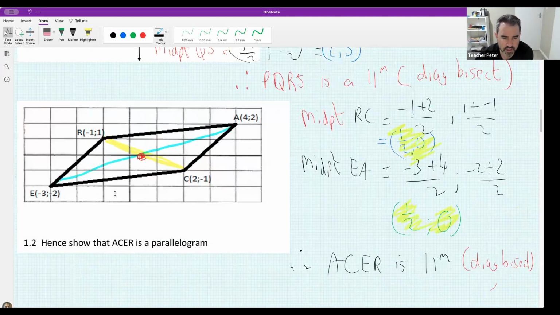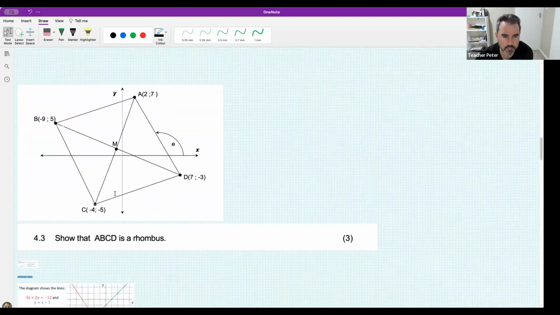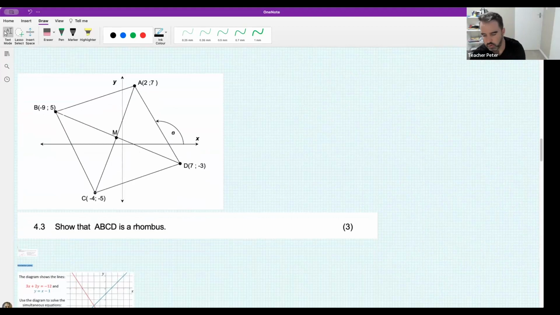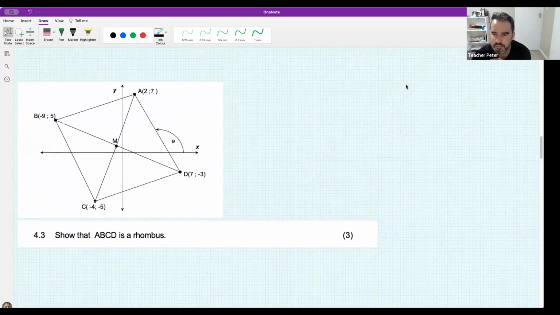Okay, so let's have a look at some other types of questions. I want to show that this thing is a rhombus. Now, if you want to show something is a rhombus, you have to show that it's a parallelogram, and then you need to show a little bit extra.